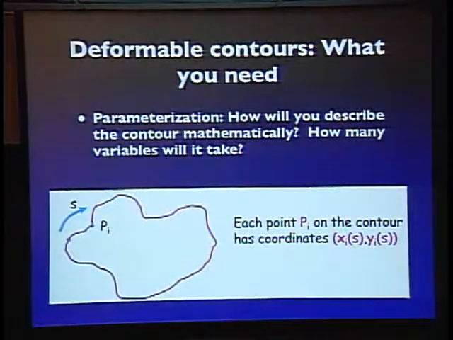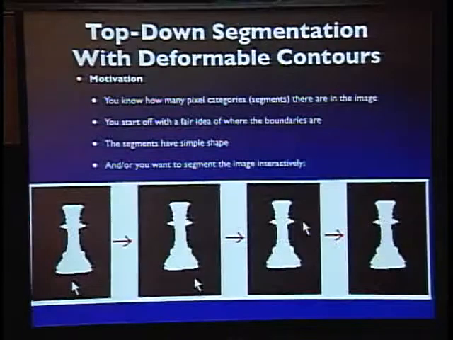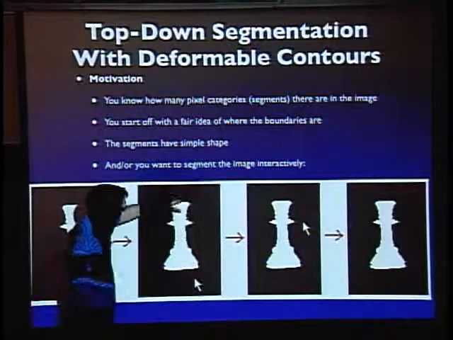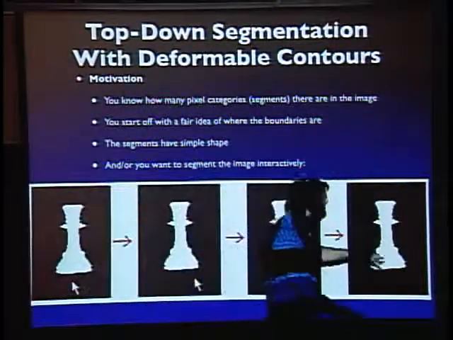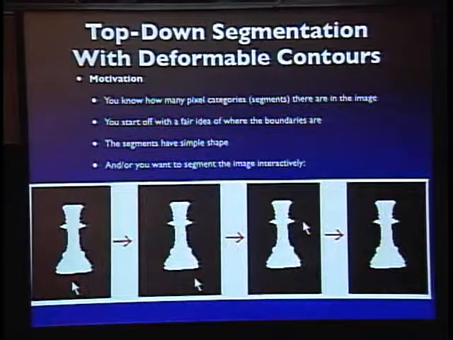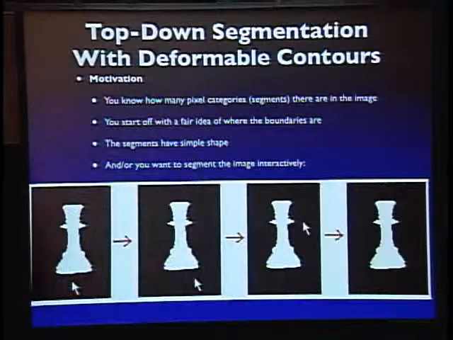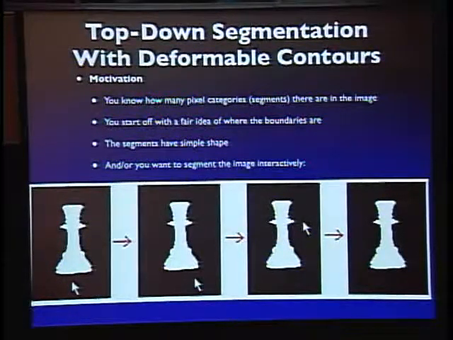And so the notion here is that whether you click it manually on the image yourself as a human being, or if perhaps you have an automated process that comes up with an initial set of points that represent the boundary between one category and the other, you're still going to have a starting point, which is that you have a set of points in the image that form a closed boundary, which is going to be basically your closed contour around one of the categories of interest.